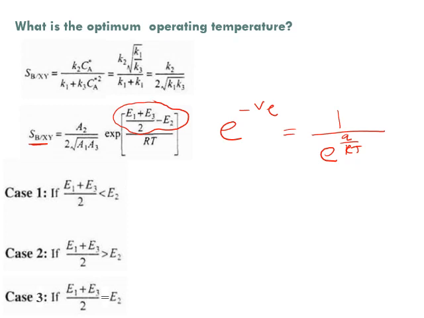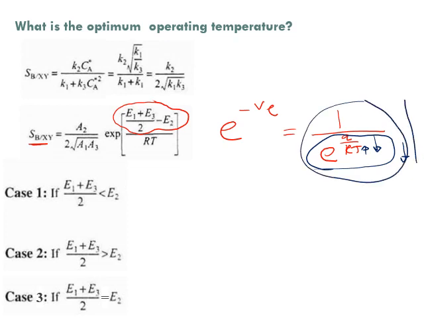In this case, if you increase the temperature, the exponent will decrease. If the exponent decreased, the denominator will decrease. If the denominator decreased, the whole number will increase, which gives you a high selectivity.